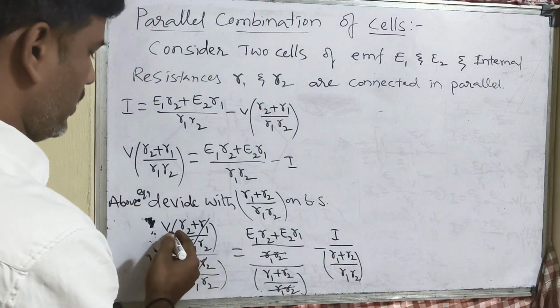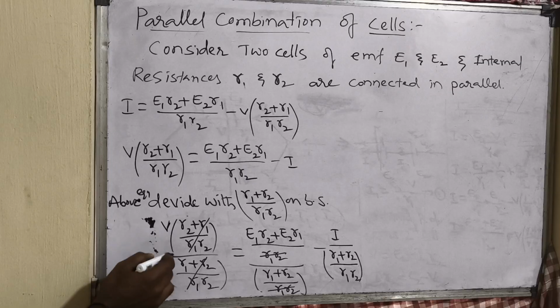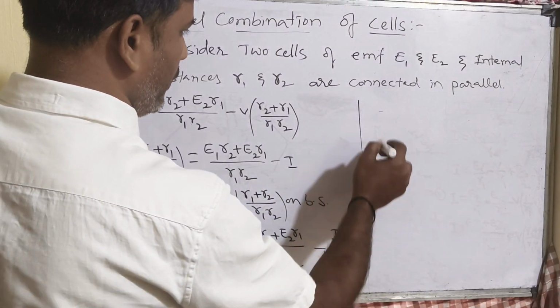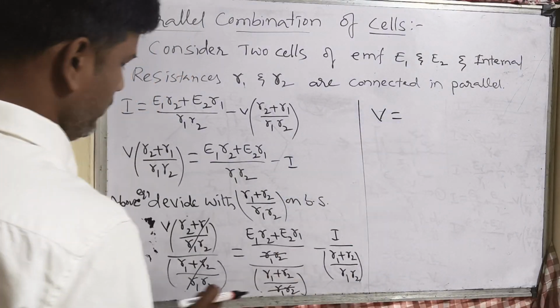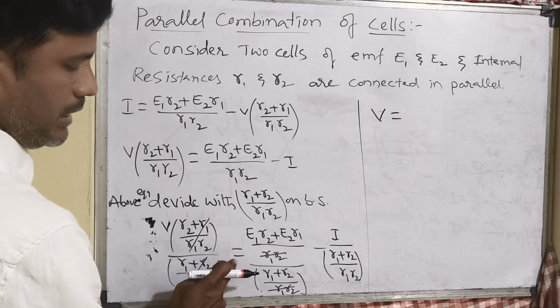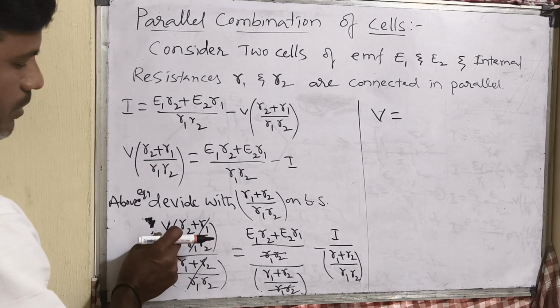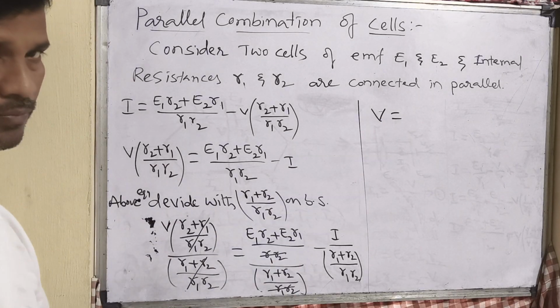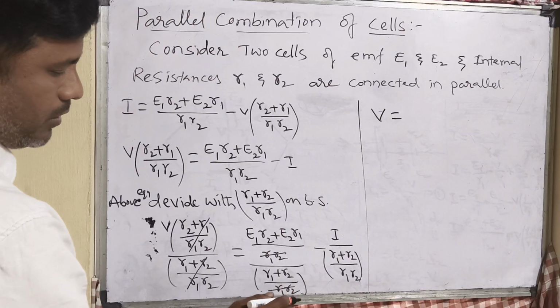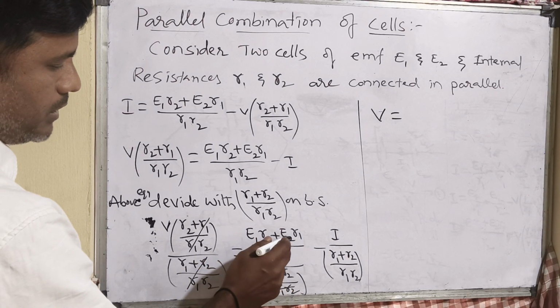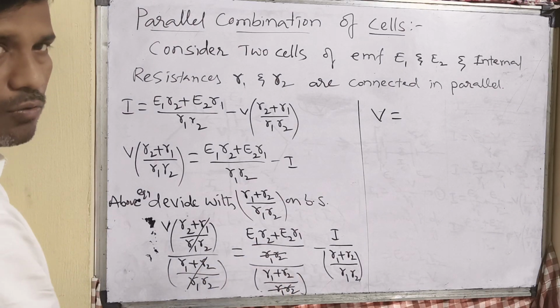Right. Observe here. The remaining term is what? Here V only is present. So now V is equal to, both are cancelled out now. So remaining V is equal to this, R1 R2 and R1 R2 cancel. So E1 R2 plus E2 R1 divided by R1 plus R2 only is present.